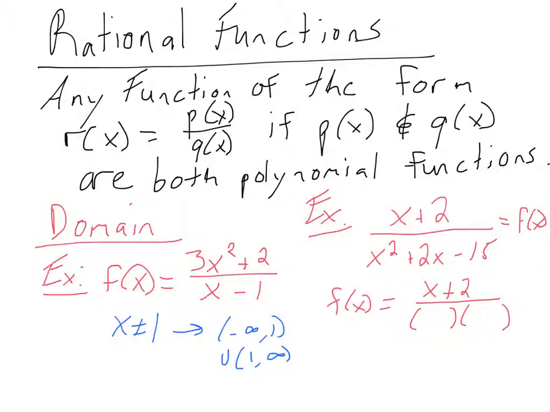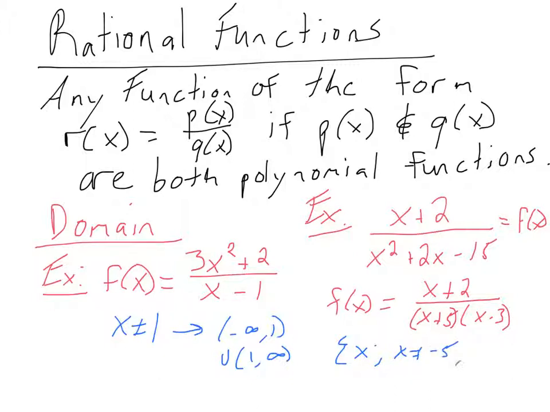So it's going to factor out to x plus 5 times x minus 3. And so negative 5 and 3 cannot be in the domain. So I could say the domain is the set. I'm going to use set builder notation for this one. Set of x such that x is not equal to negative 5 is one thing, right?